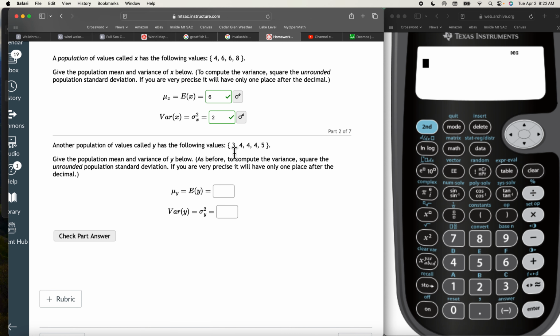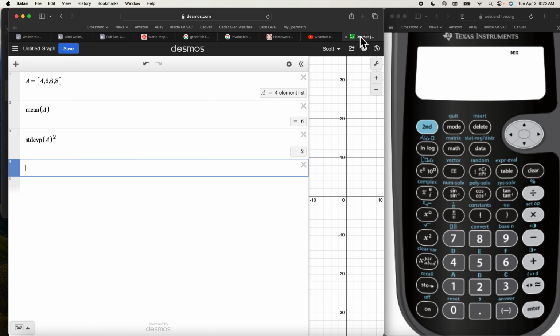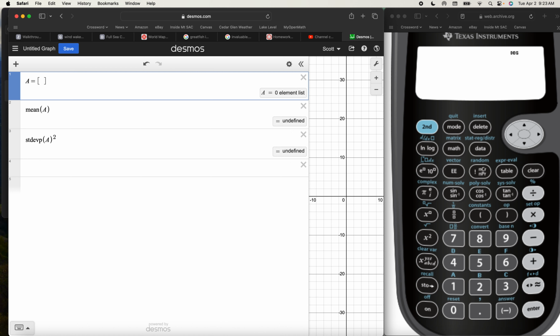Okay, now we have a new population of values that are called Y. So 3, 4, 4, 4, and 5. So I'm going to copy those and go back to Desmos. And I'll just overwrite what I did before. So A is now going to contain the Y values.